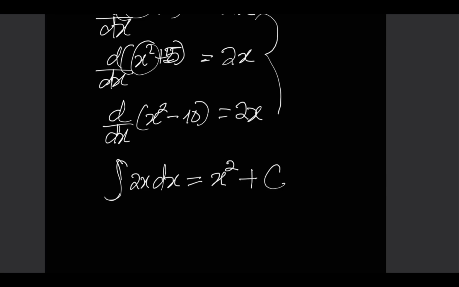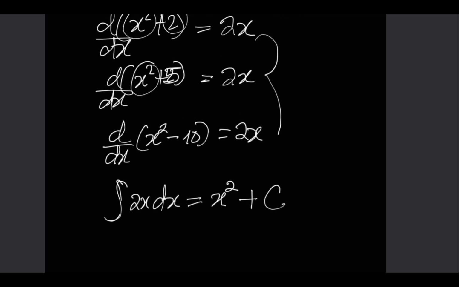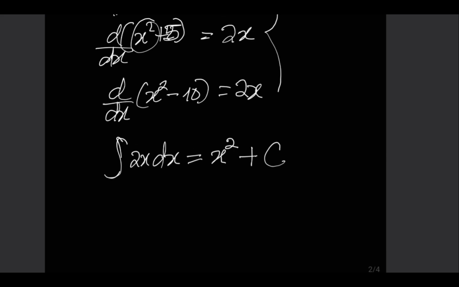And we don't know what this constant could be. This C represents any constant. In these examples I've demonstrated, we had different constants. But in this case, we just use C, which stands for arbitrary constant, meaning any value can be substituted for this C. Does that make sense?